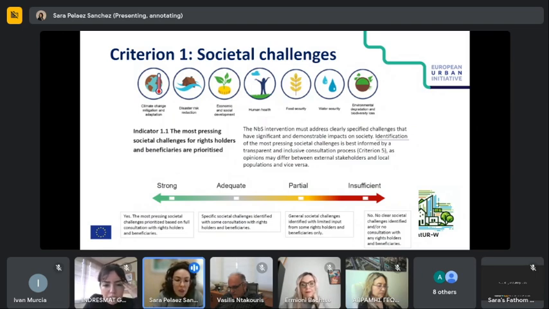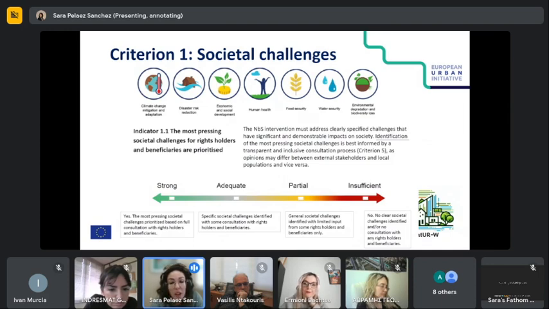So what else here? Criterion 1 interlinks with criterion 5. We will speak extensively about this criterion in the next training, since the identification of the most pressing societal challenges is best informed by a transparent and inclusive consultation process. And this is what criterion 5 is about.